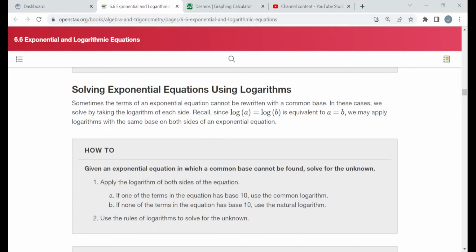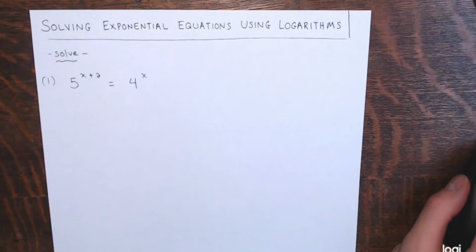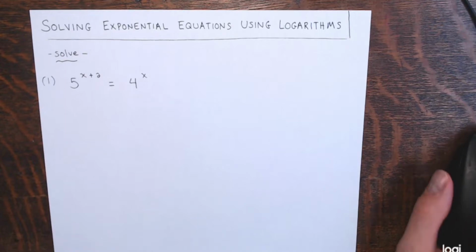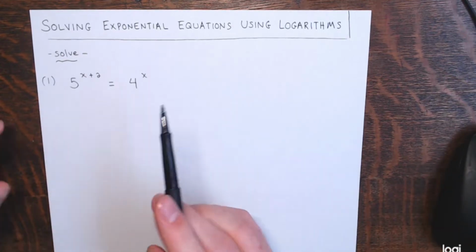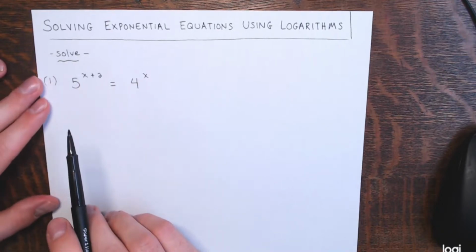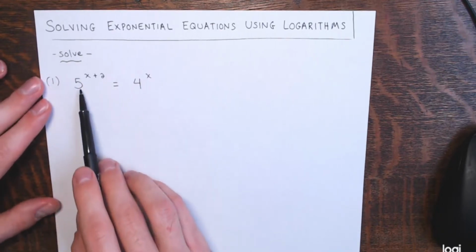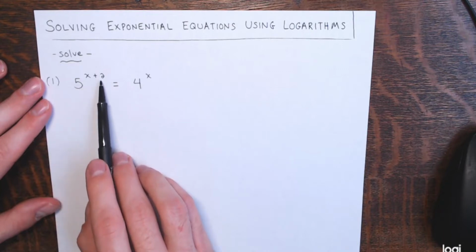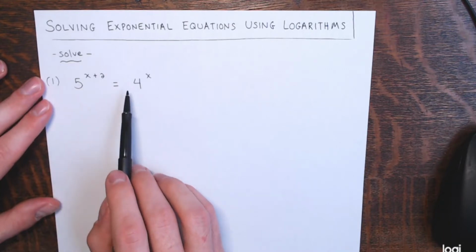So first example I have, and we're asked to solve, right? So find the value of x that would make this a true statement. We have 5 to the x plus 2 power equals 4 to the x power.